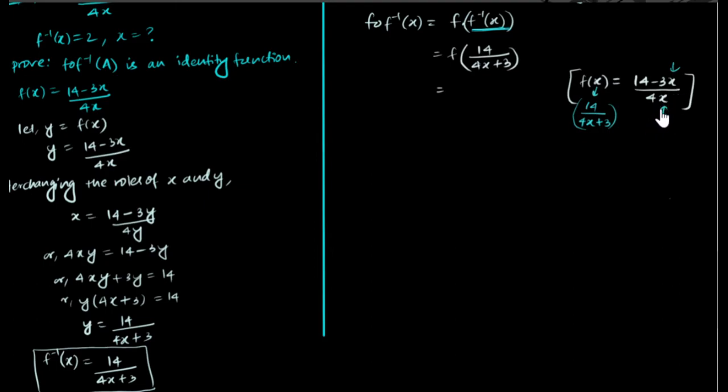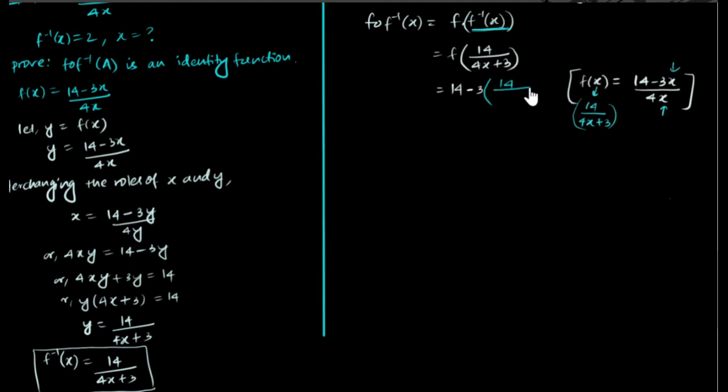I think this will be a bit more complicated. So let's replace this. It will be 14 minus 3 times, let me replace this x with the value 14 divided by 4x plus 3.